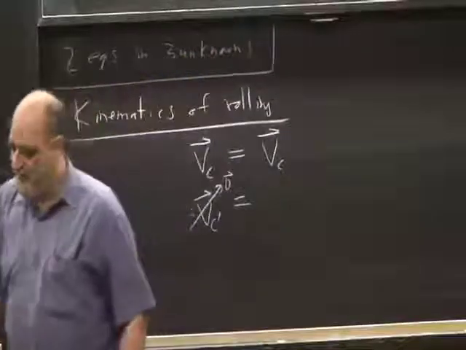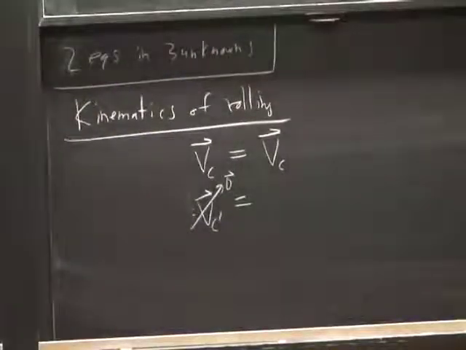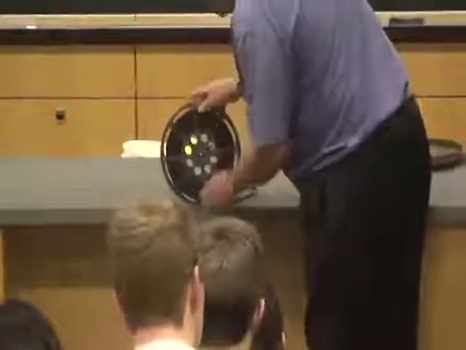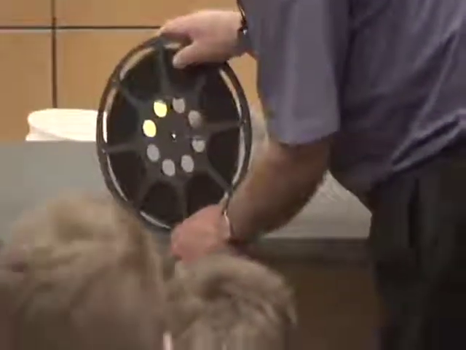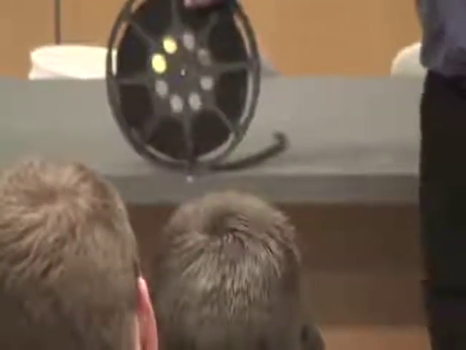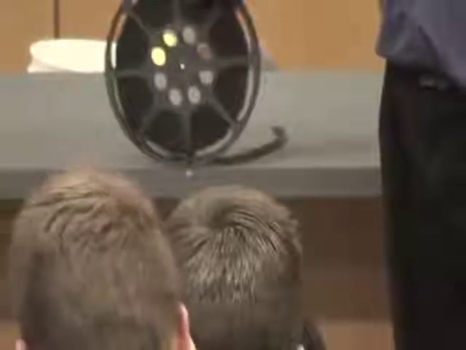Why is that? It's because if we look at this point on the bottom here, see that black dot there, and we compare it to this C prime here, as this is rolling, that black dot is not going to the right, and it's not going to the left, and it's not going up, and it's not going down. That point on the bottom, not for all time, but just at the time that we're looking at, has 0 velocity.